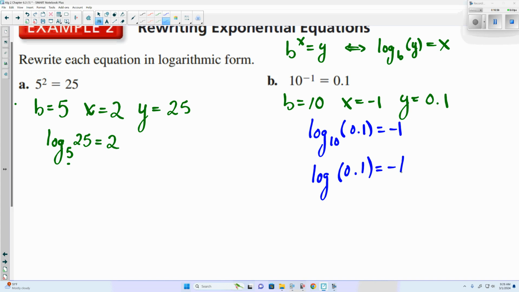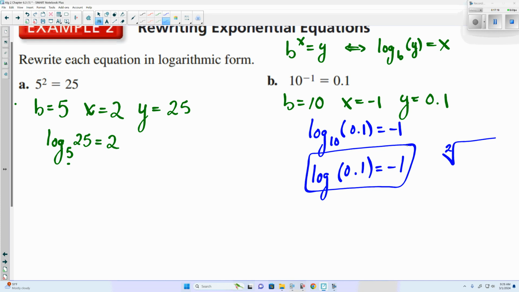This is the same as when we write a square root. There's no reason not to write the 10, but if we do see it written like this, it's still 10.